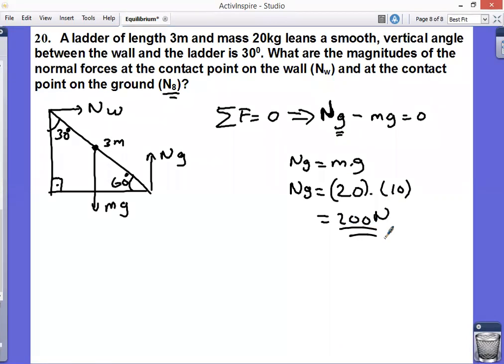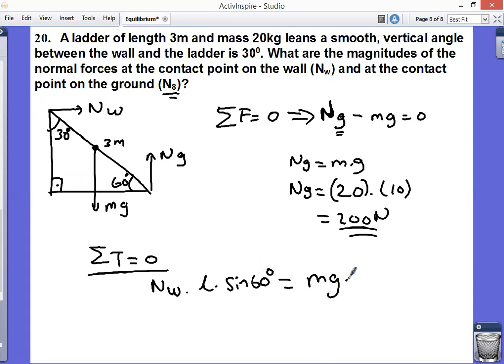So from the second condition, the total torque will be 0. So it's going to be like this: NW times L times sine 60 equal to mg times L over 2 times cos 60. So the horizontal component is going to be equal to the vertical component.